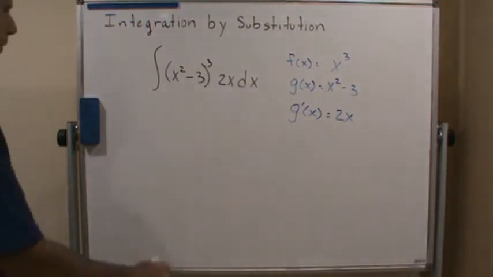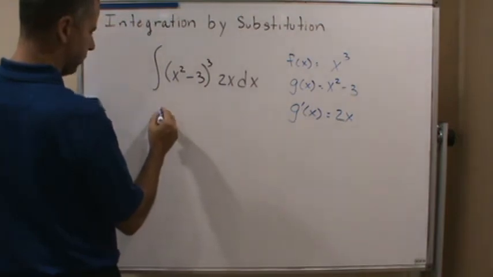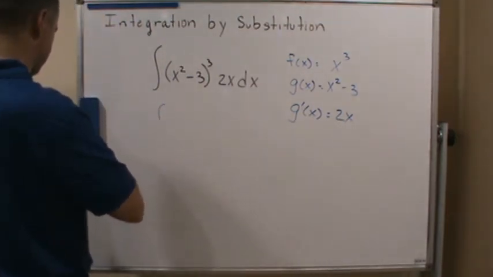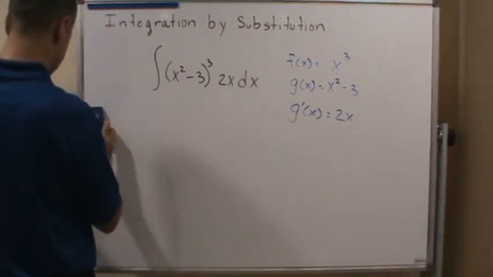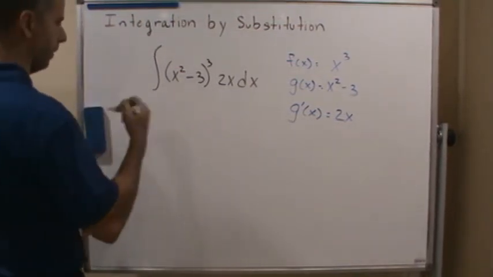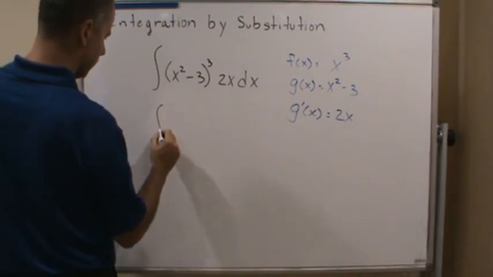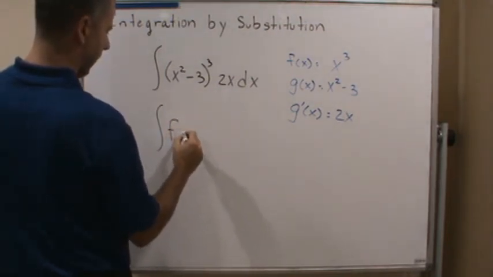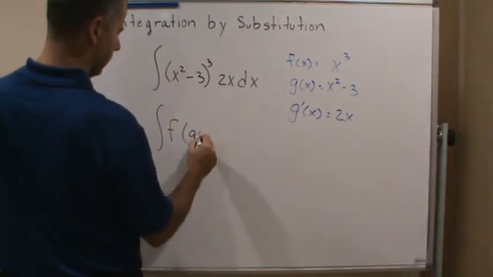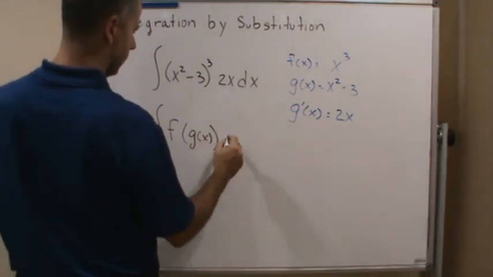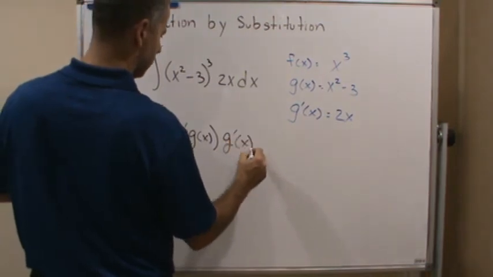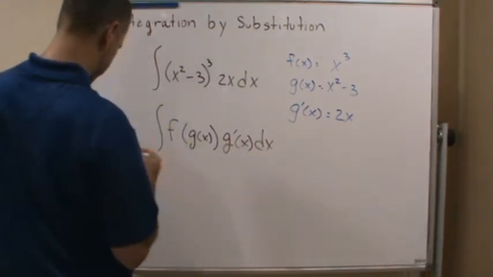And so now we can rewrite this as the integral of f of g of x times g prime of x dx.